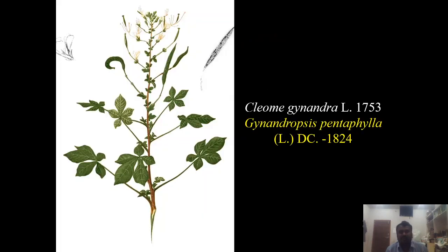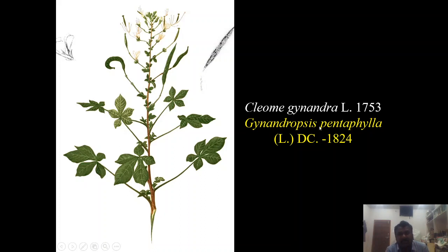Now we are discussing one example here. We have one wonderful diagram, which is named Cleome gynandra by Linnaeus in 1753. But in 1824, De Candolle named the same species with another name, Gynandropsis pentaphylla.